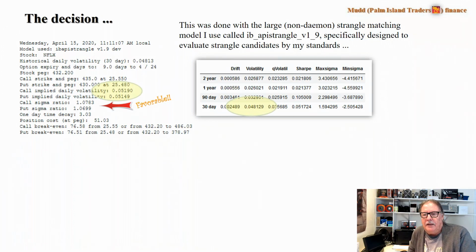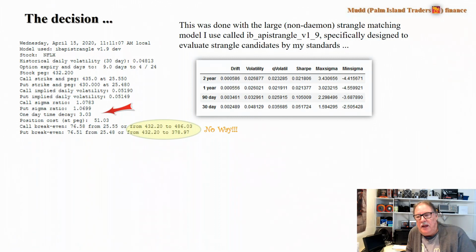So yeah, it's only at 1.07 times implied volatility, but implied volatility is 0.05. Nonetheless, the model regards the low call sigma ratio as a very good sign. But again, it's because our volatility is so high. But the model says no way when we get to this.